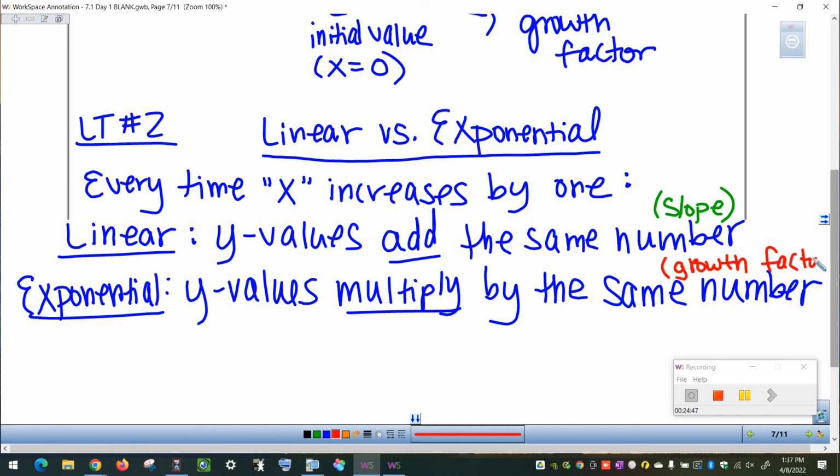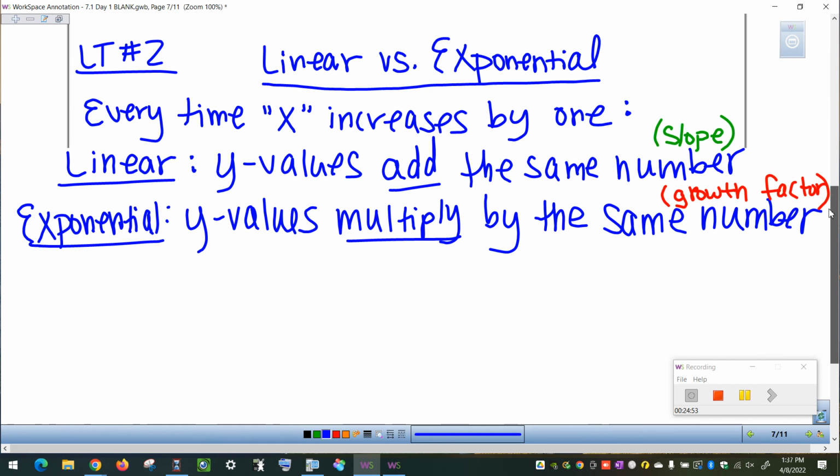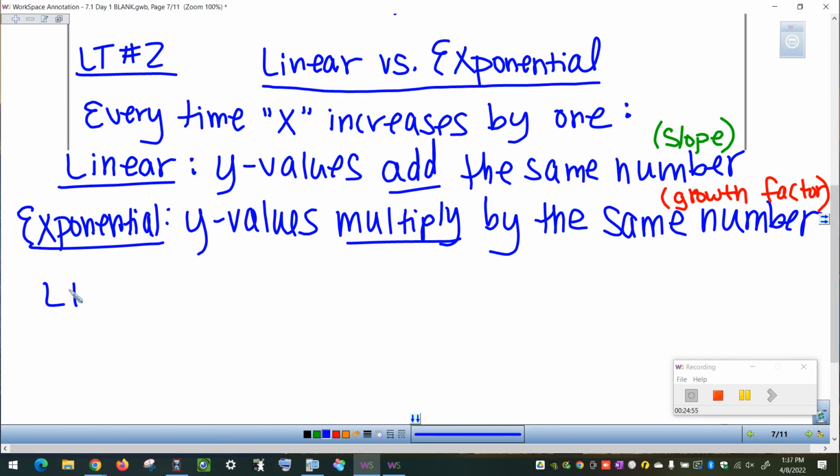And the number that it multiplies by each time, that's what we call the growth factor. All right, now our third learning target had to do with understanding the relationship between growth factor and percent increase.